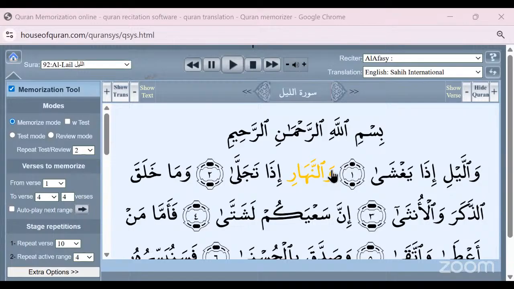So we connect the waw, we skip Hamza to Wasil since it's in the middle, and we also skip the lam since it is a lamu shamsiya. Lamu shamsiya is always skipped, and the harfu shamsiya, the letter of shamsiya, gets doubled, gets the shadda. So we say wan-nahari without pronouncing the lam. Wan-nahari idha tajalla. Can you read the whole thing?